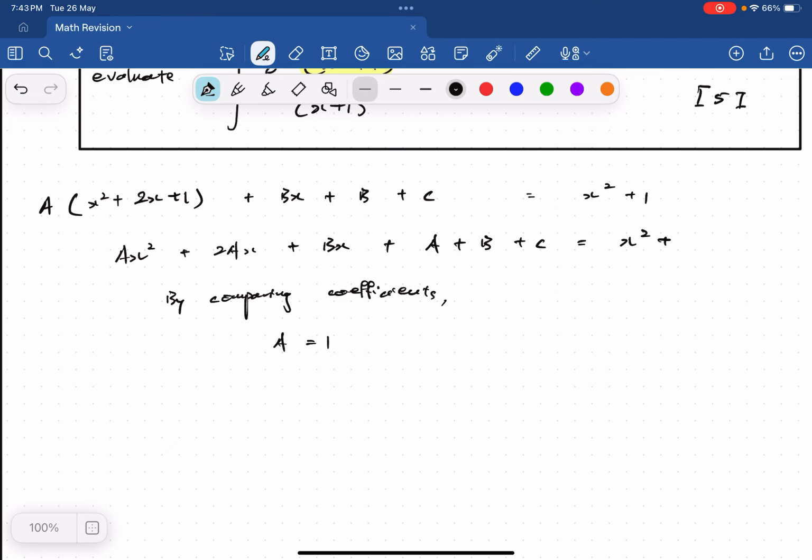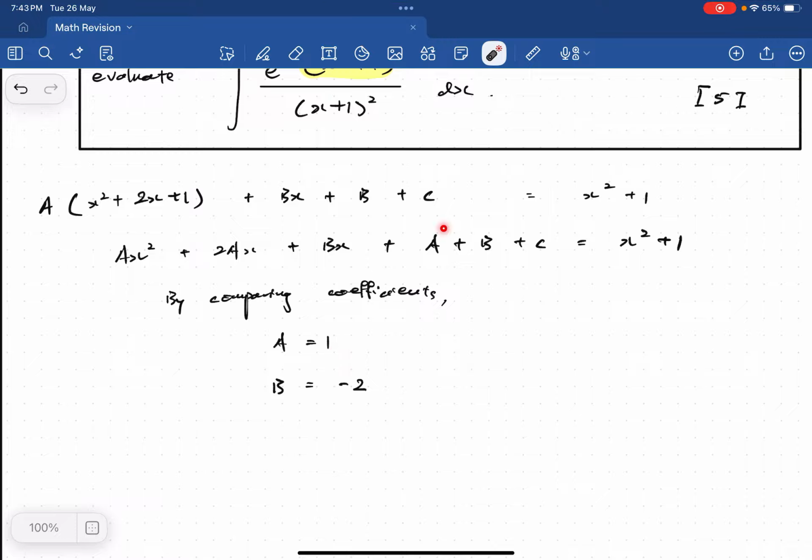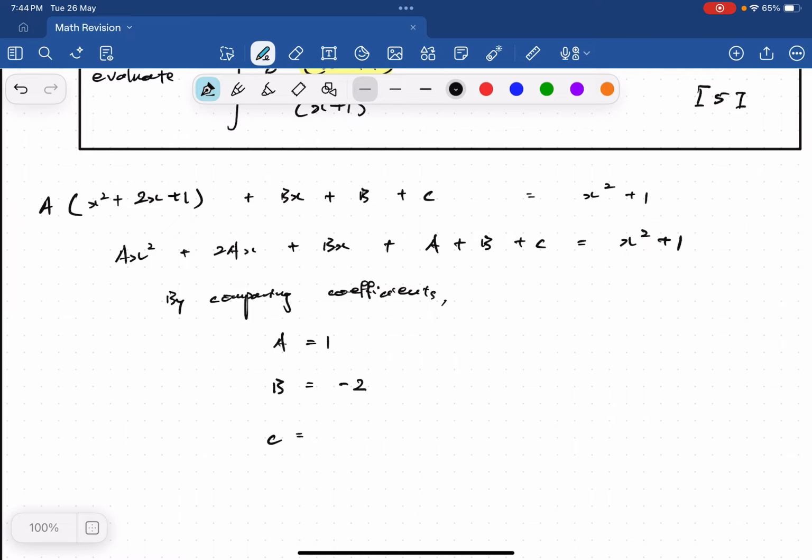So on the right hand side of this line, the second line, there are no terms independent of x, which means that these two, 2ax plus bx, 2a plus b equals to 0. So if a is known to be 1, this means that b has to be minus 2. And now I know that 1 plus minus 2 plus c equals to, what's my term independent of x on the right hand side, is equals to 1. So therefore c is going to be equals to 2. Okay, I hope that's clear.